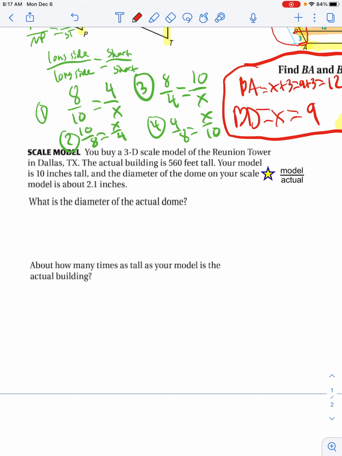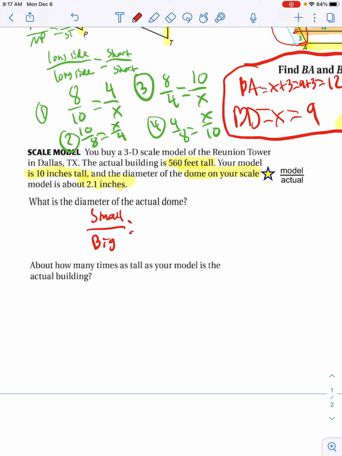Last example. You buy a 3D scale model of the Reunion Tower in Dallas, Texas. The actual building is 560 feet tall. Your model is 10 inches tall. The diameter of the dome on your scale is about 2.1 inches. What is the diameter of the actual dome? Again, I'm going to think replica to real life, small to big.